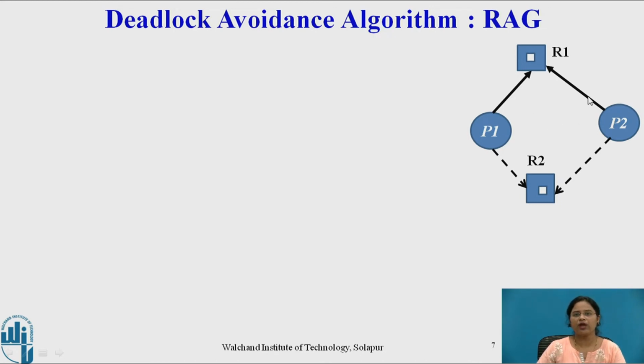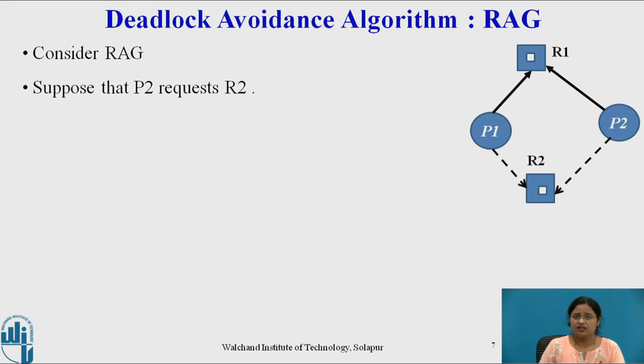Only P1 and P2 have made a request for R1, and P1 and P2 have claim edges to R2, means in the near future P1 or P2 may request R2; right now they are requesting R1. Okay.